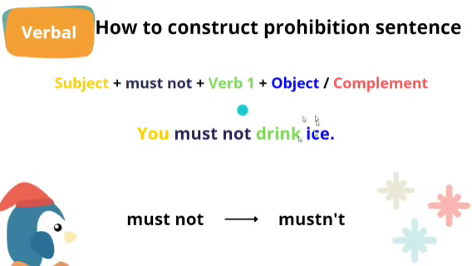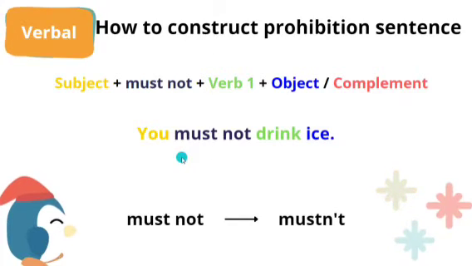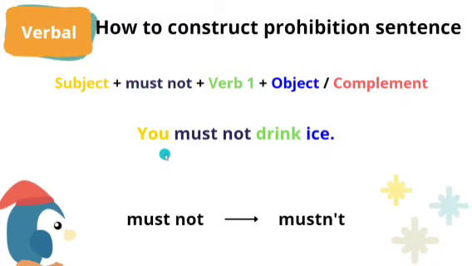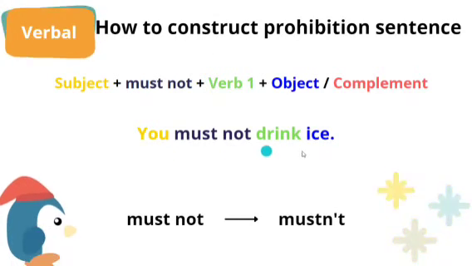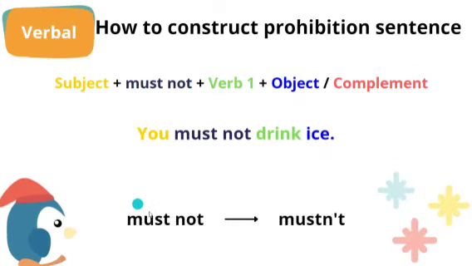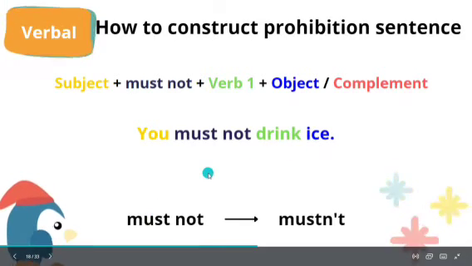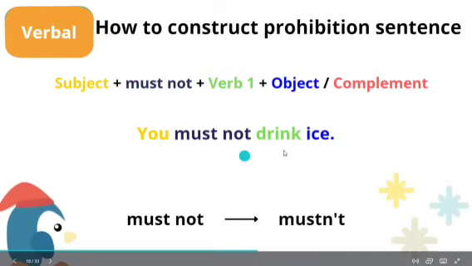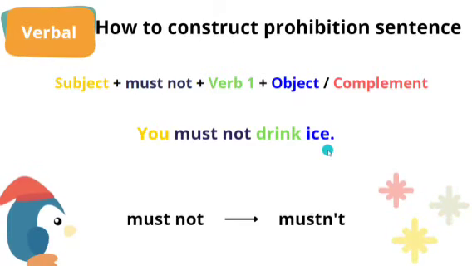And the next one for nominal sentence. It's almost similar to obligation. But remember, if you want to make prohibition sentence, you must write the word not. Okay? And the example here, you must not be here. You as the subject using must not.